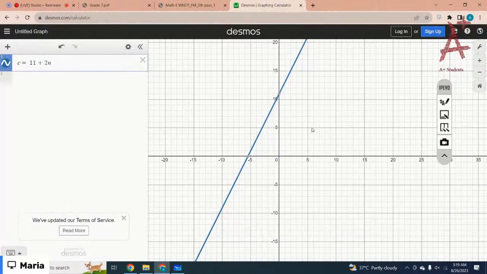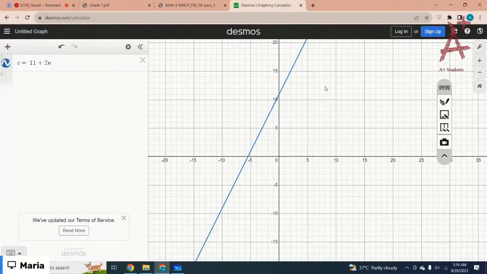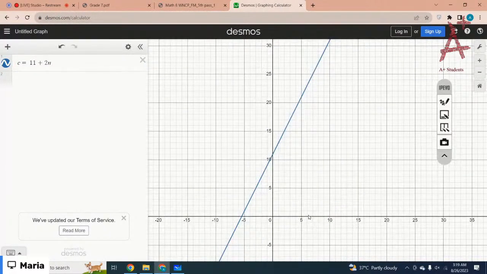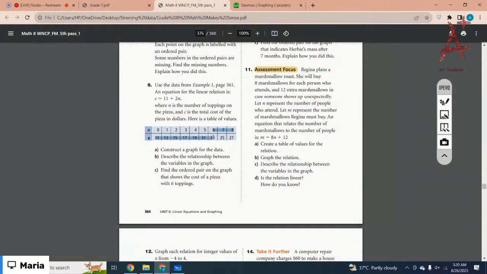Here is 6. You can see 6 and 23. And on the table of values, you can see the point also 6 and 23, right? Okay.